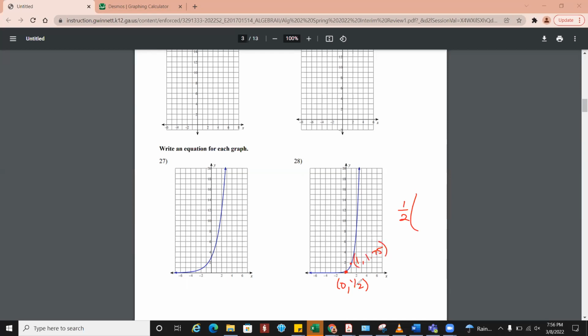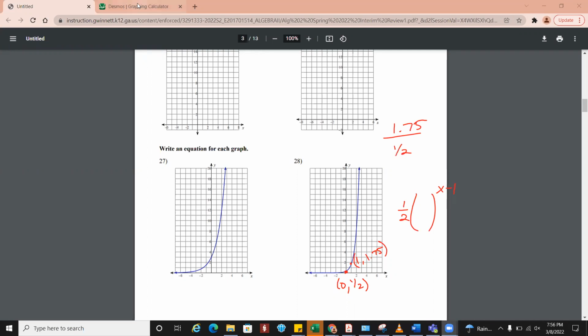Since these points aren't really exact, again, finding the rate is kind of difficult, so just be mindful of that. This also has shifted to the right one, so this is going to be x minus 1 in that exponent. And then in order to find our rate, we're going to take 1.75 and divide it by 1/2.